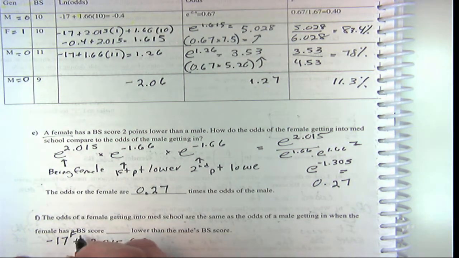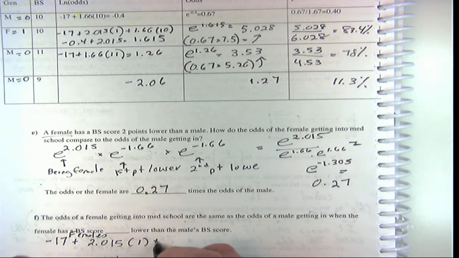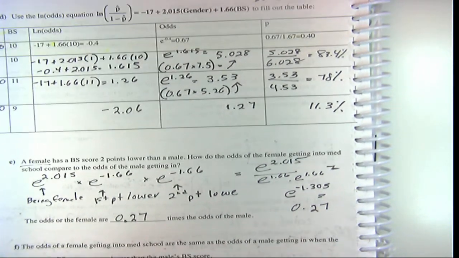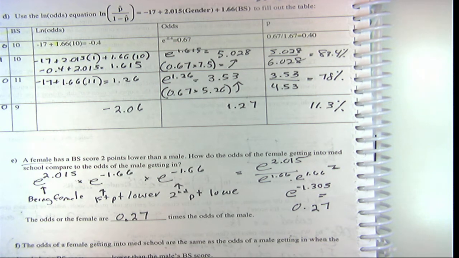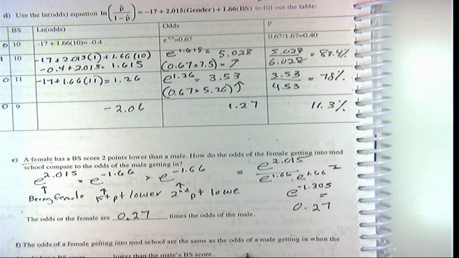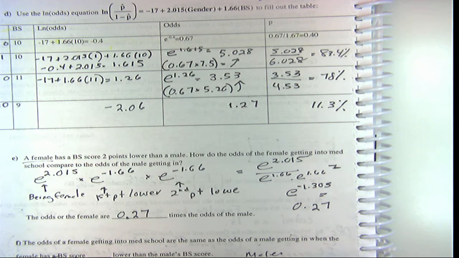So this is females. Plus 1.66 times the biological science for females. We want that to equal, for males, it's exactly the same, except for gender, we're putting in a 0.